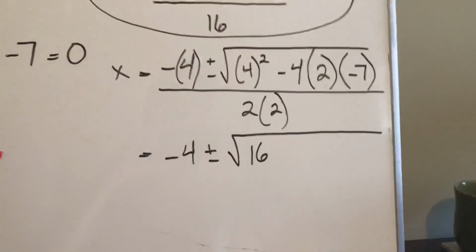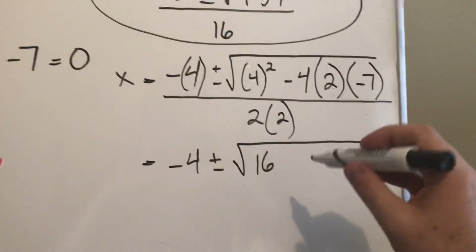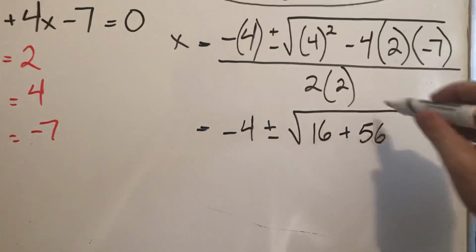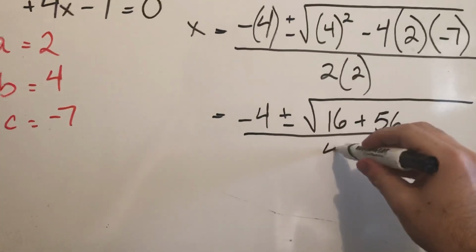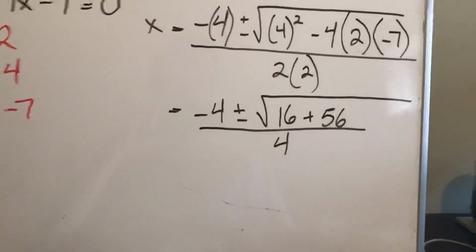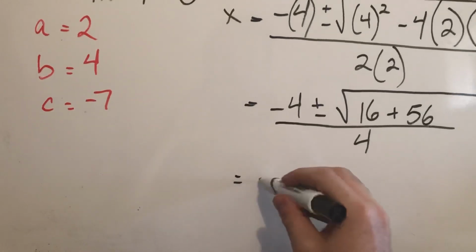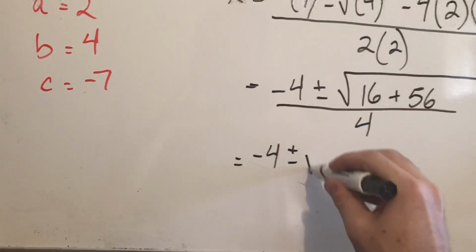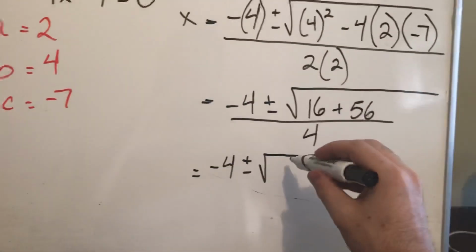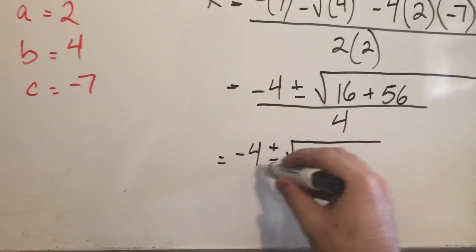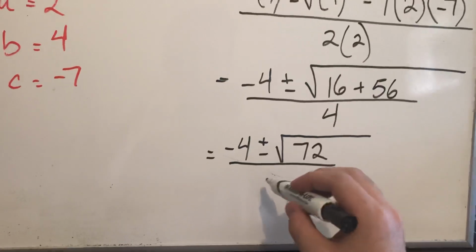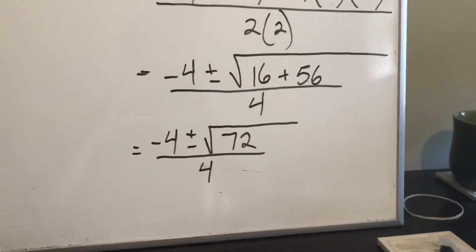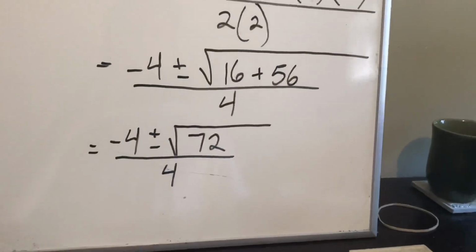We've got 4 and 7, which gives me 28, and 28 times 2, which gives me 56. Keep going. 16 plus 56 is 72.